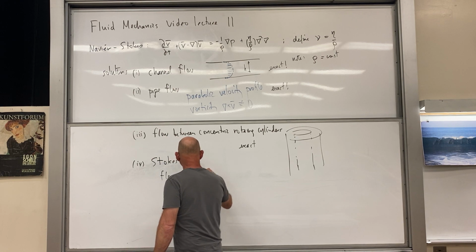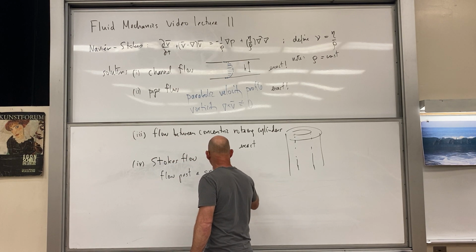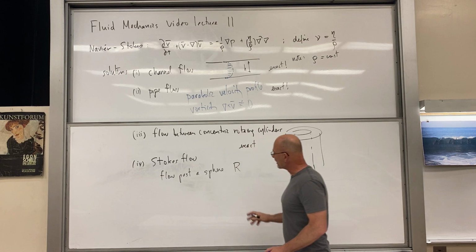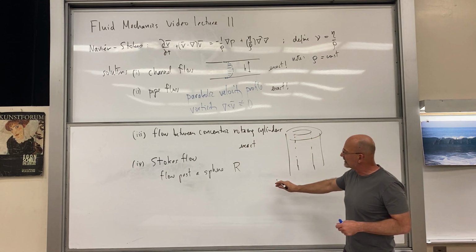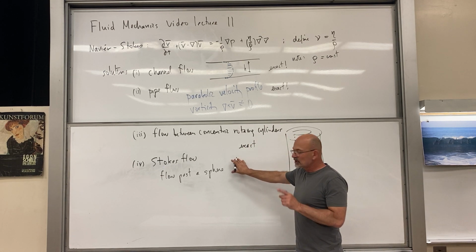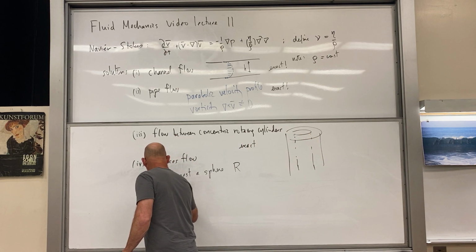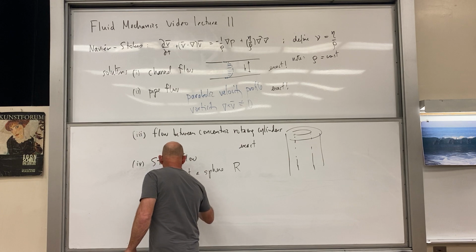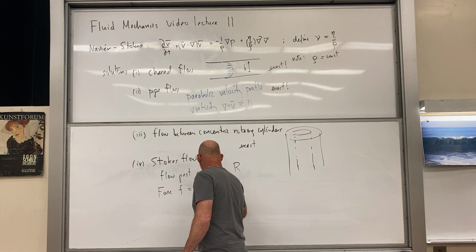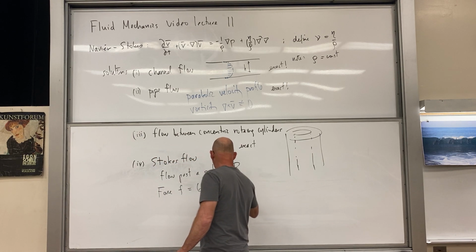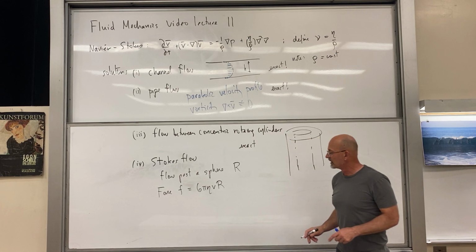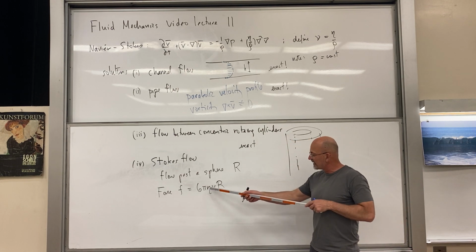Flow past a sphere of radius r, and it's already interesting here because I introduced earlier on that the force F is equal to 6 pi eta V R. Right, that's the force, and of course it depends on the viscosity.